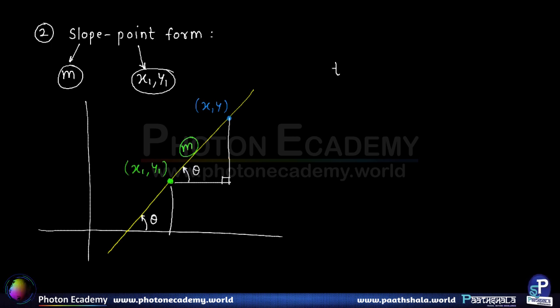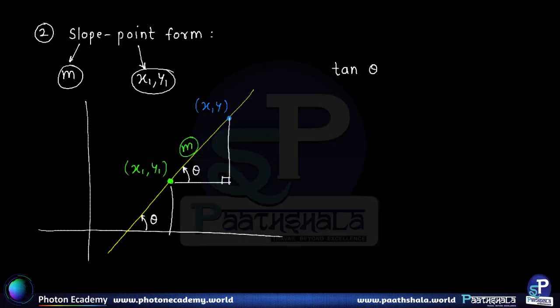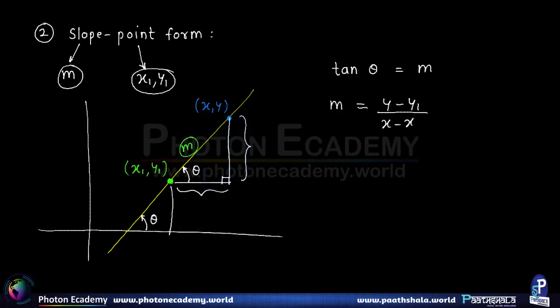So the slope of that line is tan theta, which is nothing but m, and this m can be written as the opposite side, that is y minus y1, upon the adjacent side of theta, that is x minus x1.